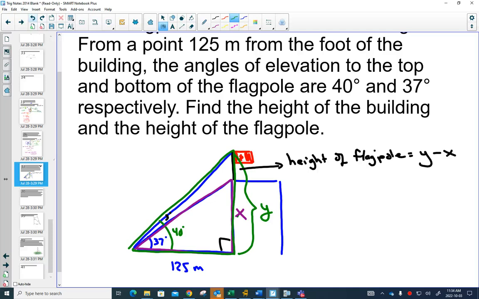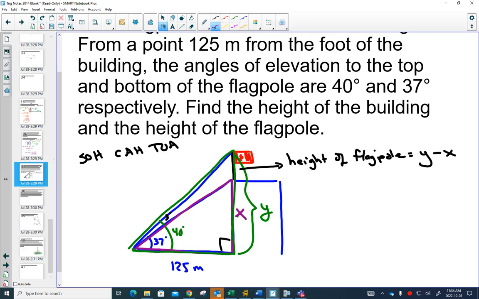So, can we find out any of those letters, x or y, directly? We can find x. Okay, let's go to purple. Let's write out here, first of all, off to the side, SOHCAHTOA, that's my definitions. So we're solving the purple x. We know the angle, right?